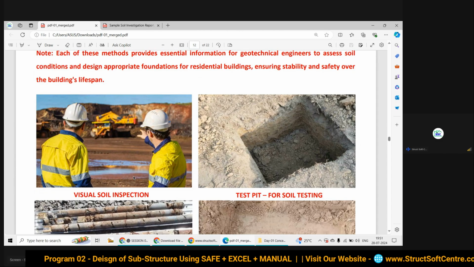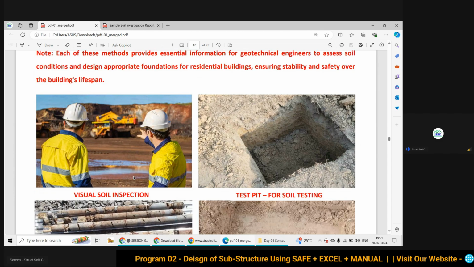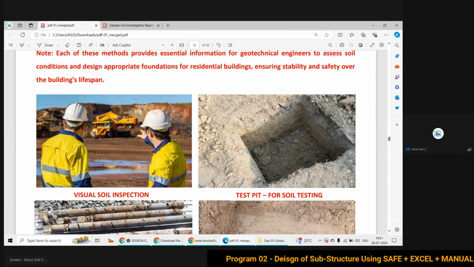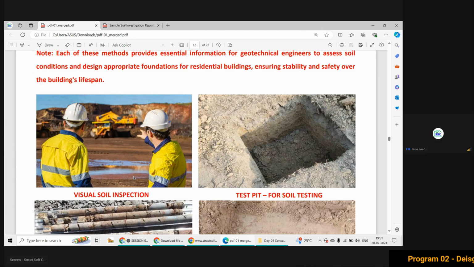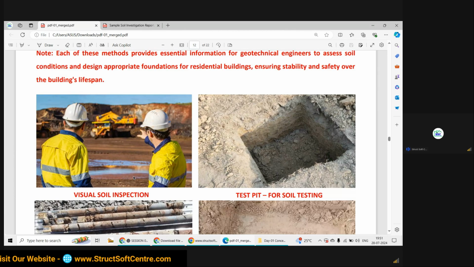The method to be adopted is based on convenience, on economic considerations, and on the importance of the structure, right? Based on all of these things, after the visual inspection, the geotechnical engineers decide what method should be adopted.